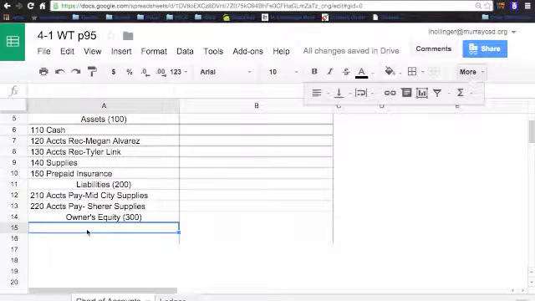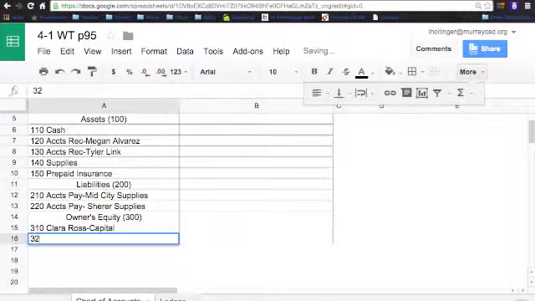They did not give the income summary account, but just know that that's coming up. So we'll start with 310. Our 310 is always going to be our capital account. So it's Clara Ross Capital, always in this order. 320, Clara Ross Drawing. And we'll keep it organized that way.